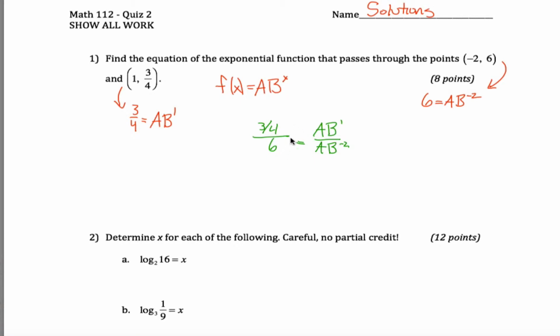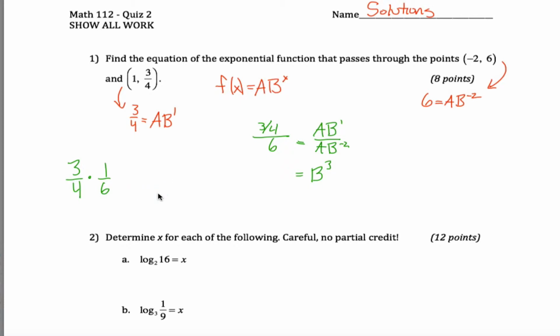The nice thing about this equation is the a's just cancel each other out. And so I have b, and the exponent on b is 1 minus -2. 1 minus -2 is the same as 1 plus 2, which is 3. And then 3/4 divided by 6, you can think about that as 3/4 times 1/6, which is 3/24, which is 1/8.